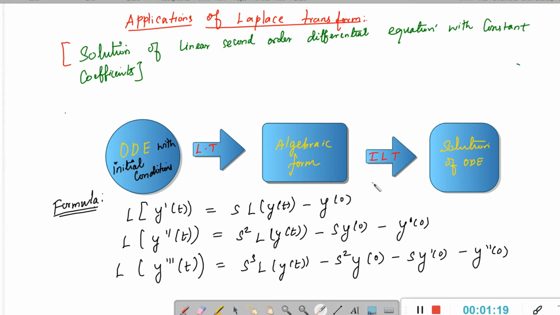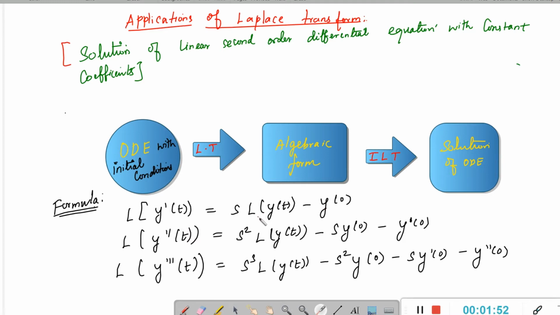So if you want to change an ordinary differential equation to algebraic form, you have to use this formula. So Laplace transform of derivatives I am going to apply. Here you must know what is the independent variable and the dependent variable. Here t is the time, the independent variable, and y is the dependent variable.